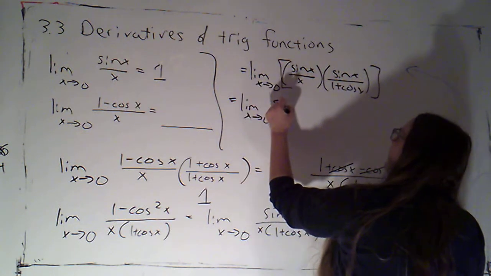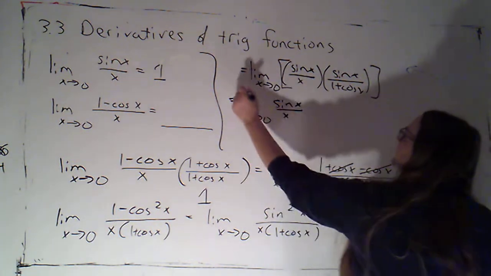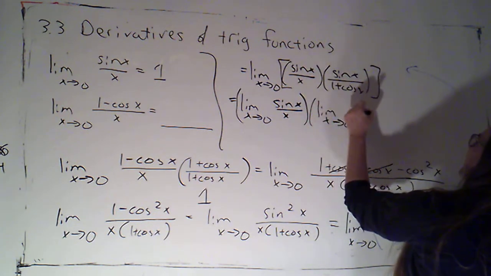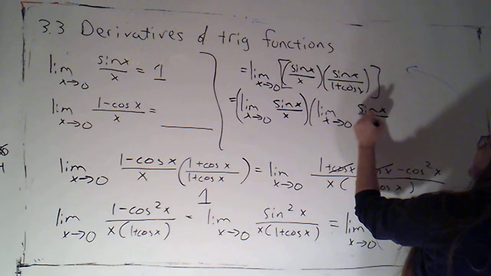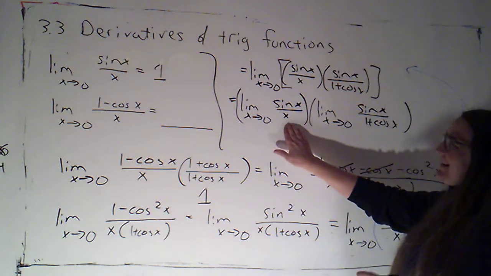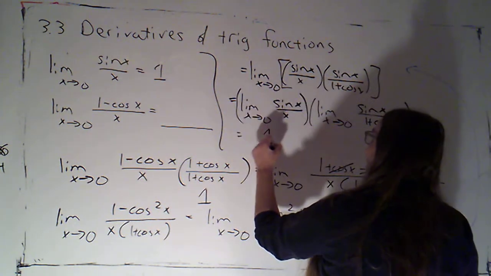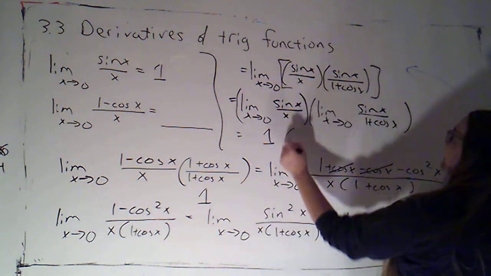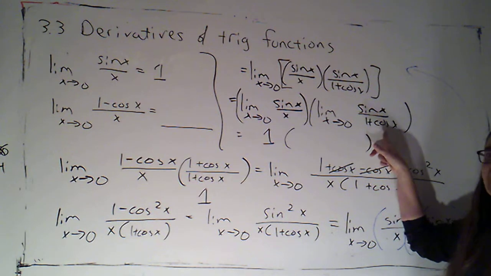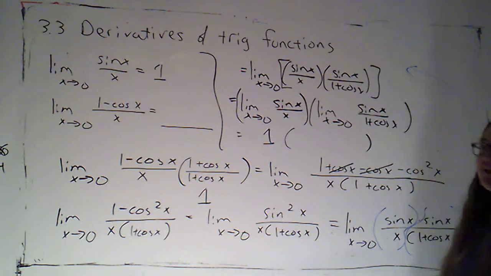So this is the limit as x goes to 0 of sine x over x times the limit as x goes to 0 of sine x over 1 plus cosine x. I know this limit. That's 1. This limit I can evaluate by plugging in 0 for x, because this function is continuous at 0.